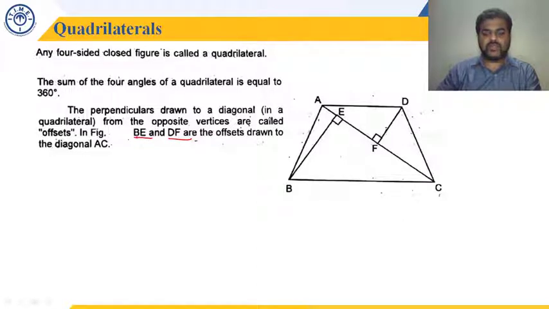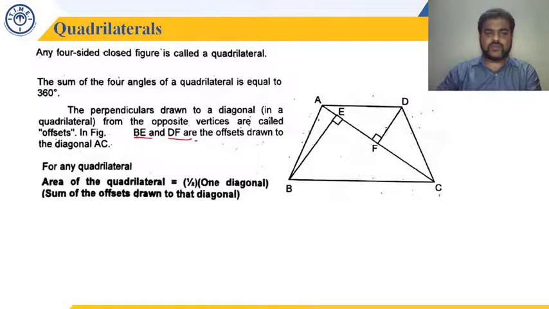If we do this, we can find the area of the quadrilateral using this formula. For any quadrilateral, the area is given by half into the length of one diagonal into the sum of the offsets drawn to that diagonal.